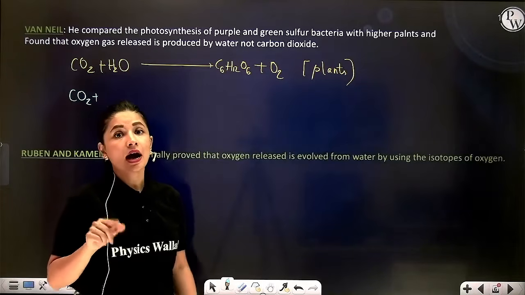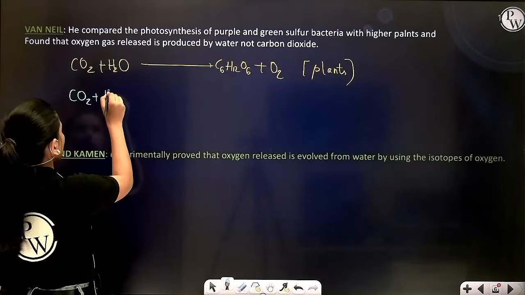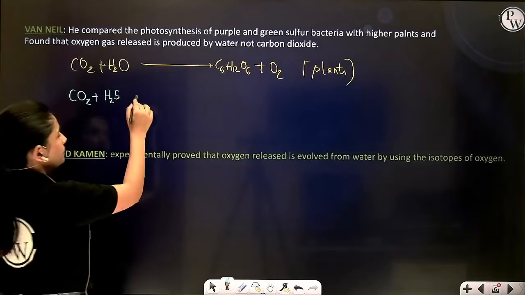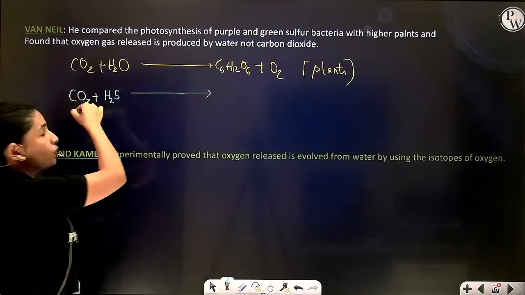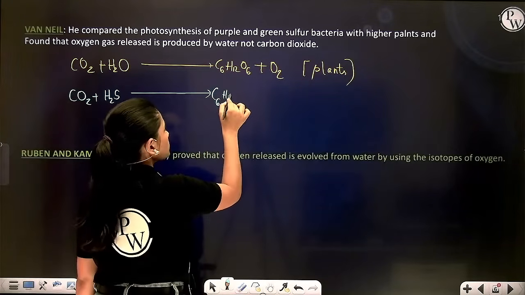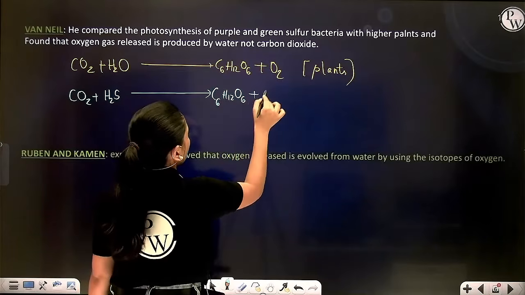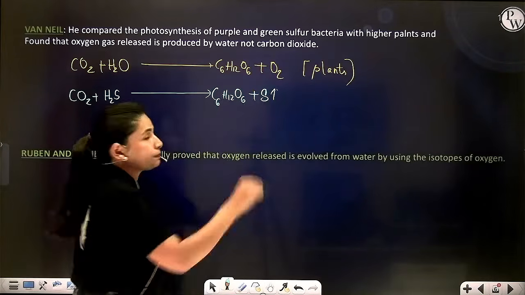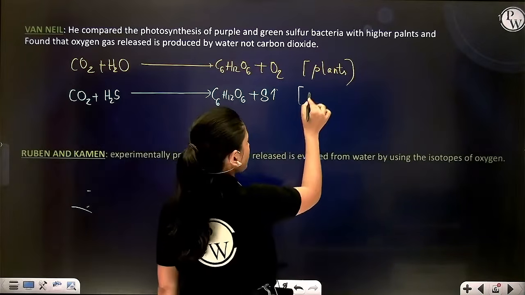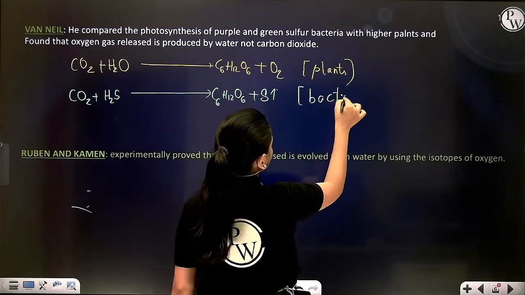Rather, it is hydrogen sulfide, an inorganic compound. Hydrogen sulfide will reduce CO2 to produce glucose and itself will get oxidized to produce sulfur. So this is the photosynthetic equation of bacteria.